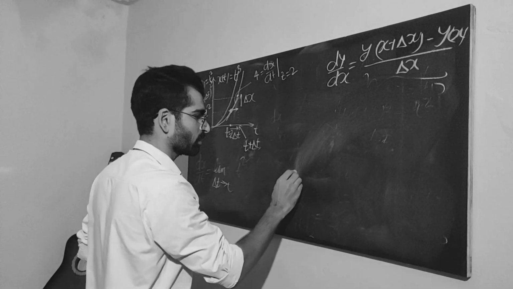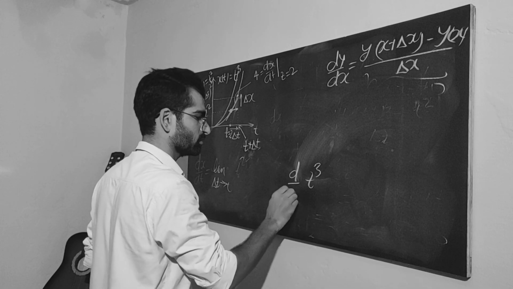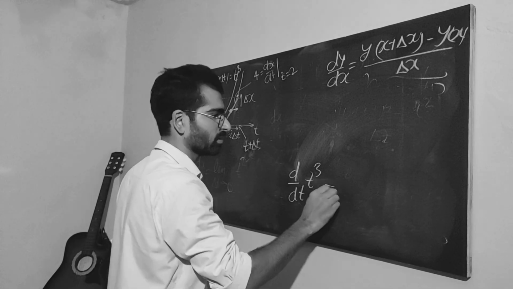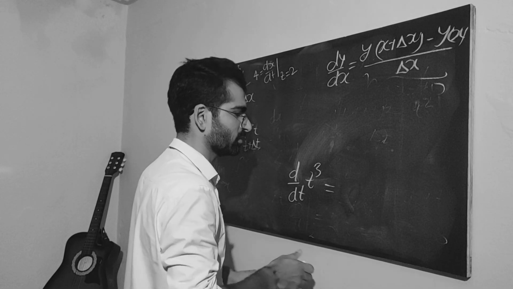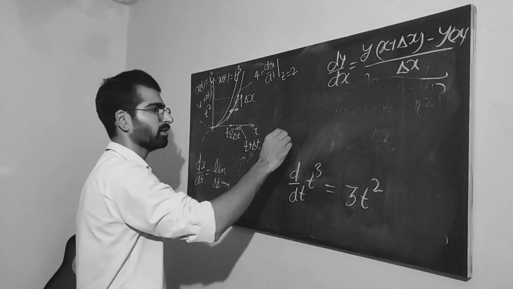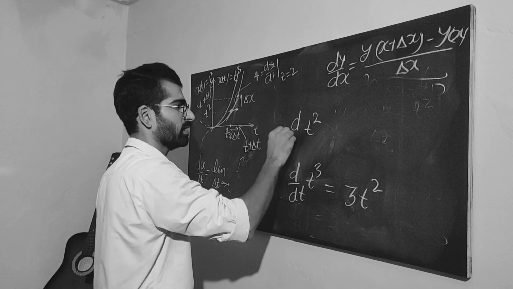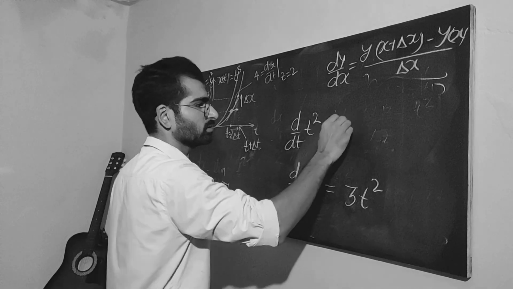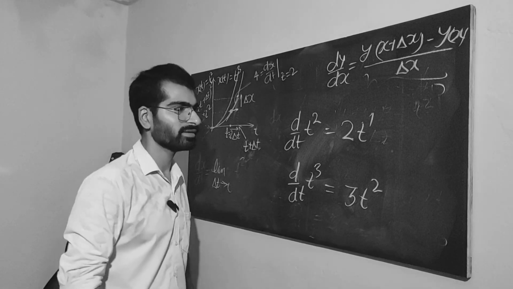So d of t cubed over dt is going to be 3t squared. And remember, when we take the derivative of t squared, it was 2t, and you lose 1.